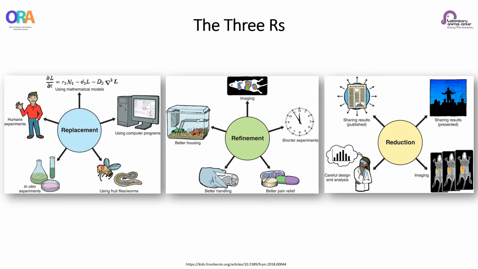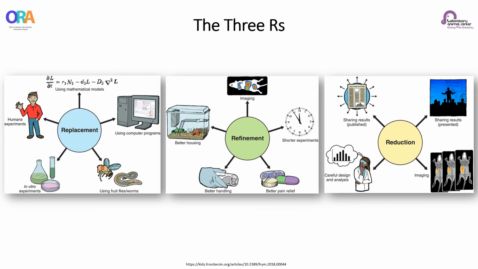The next is refinement. Refinement is a modification to a procedure on animals that enhances animal well-being and reduces or eliminates pain and distress. For example, using restraint for a shorter time during a procedure or using more effective or longer-lasting analgesics.